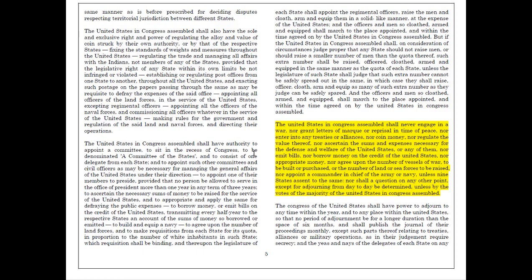So for any of these core functions of the Continental Congress, you have to get 9 out of 13, or it would be 12 at the start of the Revolution, and then 13. You have to get 9 out of 13 to vote in favor.